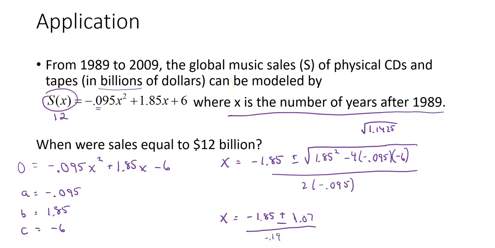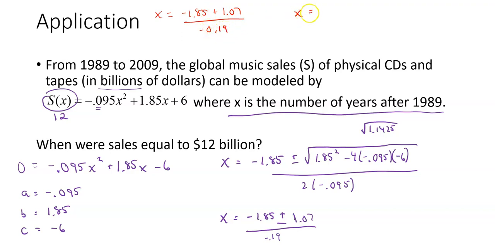Now, this is going to be a case where I get two answers. Are they both useful answers? I don't know. Let's figure this out carefully. Up on the top, I'm going to carry through my two different versions. One possibility is that x equals negative 1.85 plus 1.07 over negative 0.19.